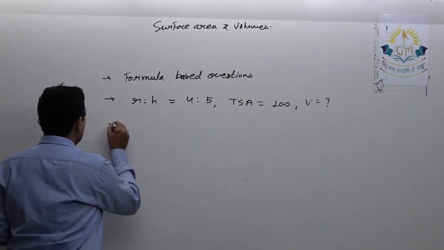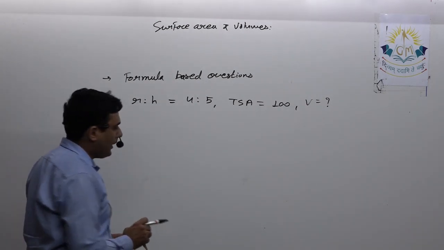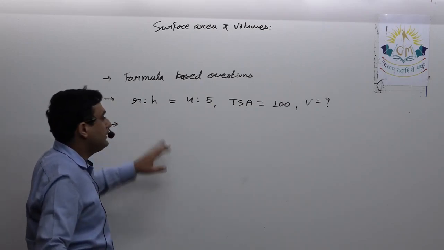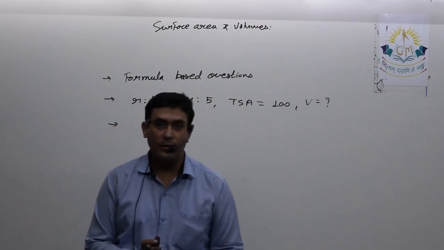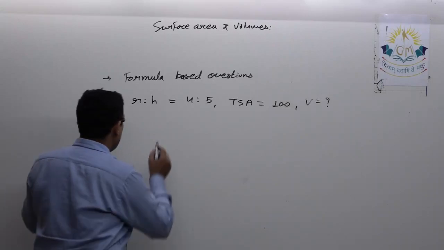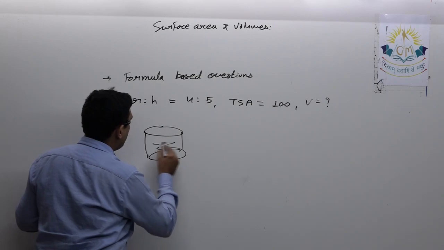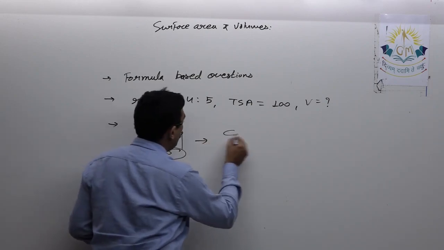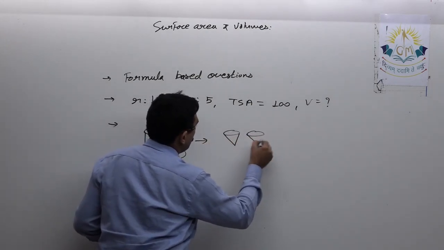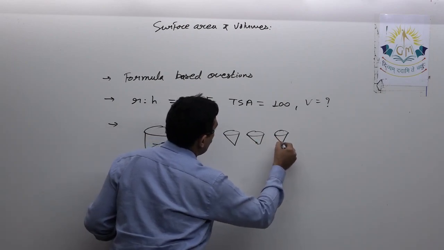Then the third type of question, or rather one type of question, is volume conservation. For example, it will be given that there is a container which contains some ice cream. This ice cream has to be filled into ice cream cones.